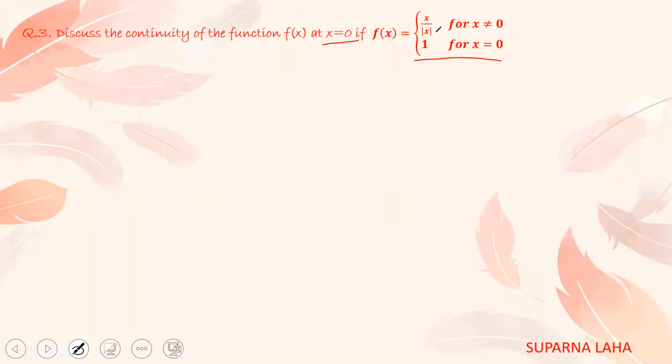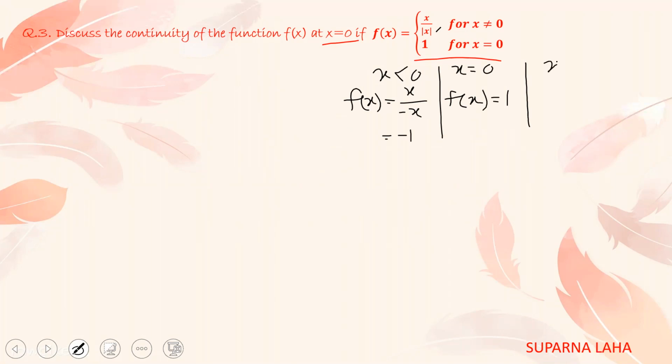So first define it. For x less than 0, f of x is x by minus x, that is minus 1. For x equals 0, the function is 1, and for x greater than 0, the function is x upon x, that is 1.